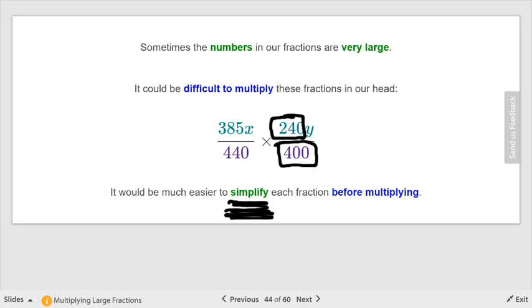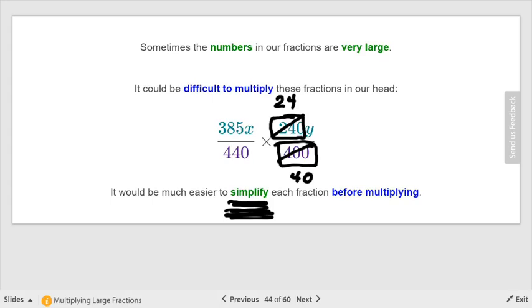Look at what's easy. 240 divided by 10 leaves you what? 24. 400 divided by 10 leaves you what? 40. And already we're way ahead of the game, aren't we? You could also do the same thing if you see that they all divide by 2. Dividing by 2 is at least going to cut them in half, which makes them a lot smaller. If they divide by 5, dividing by 5 is pretty easy.